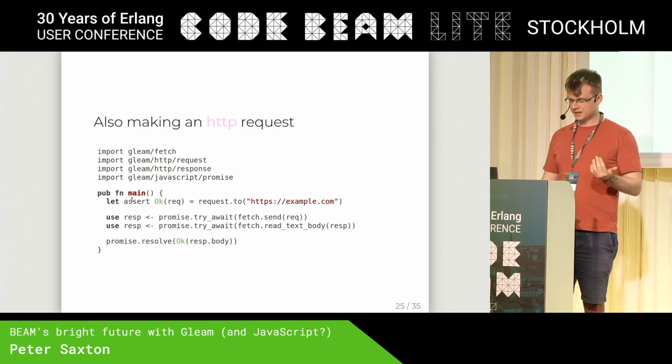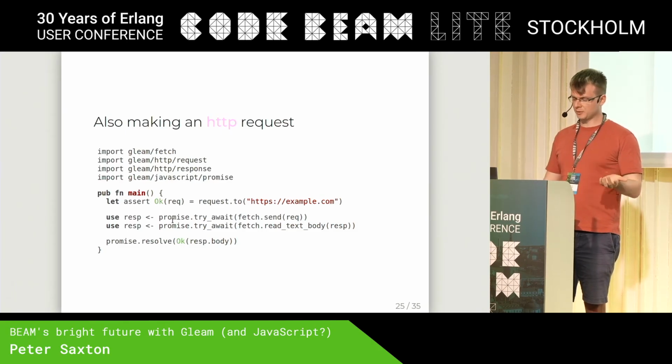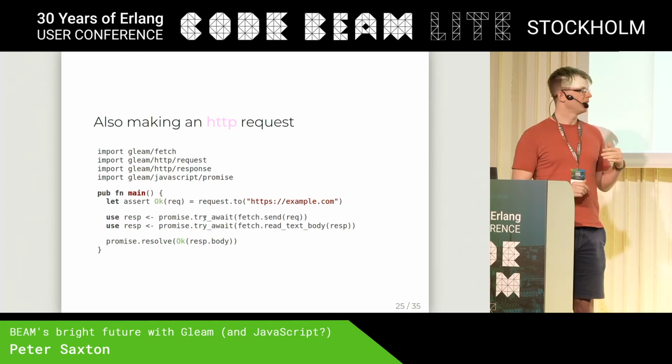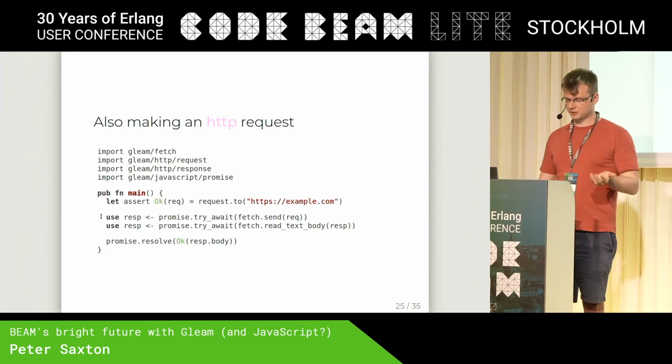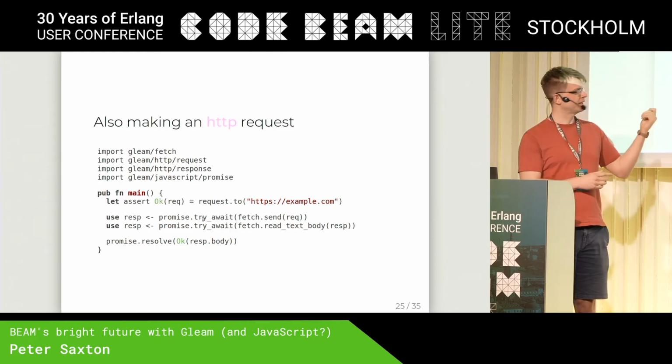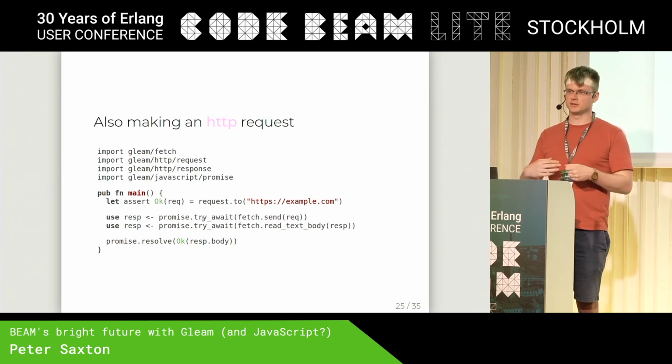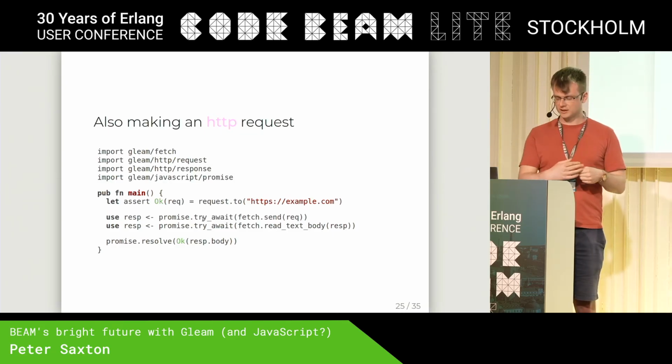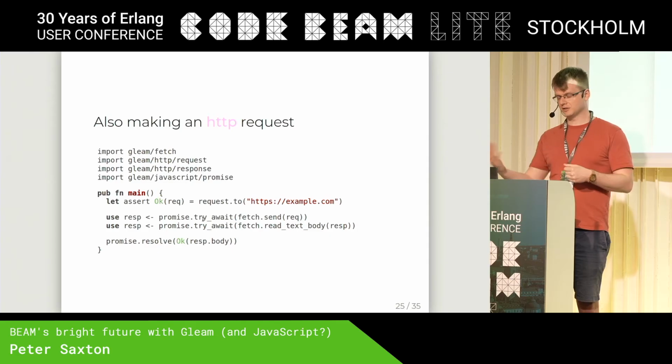When we send a request here, we no longer use result.try. We use promise try await. This is another function where we're using the use syntax. We say, OK, when this promise resolves, because fetch.send returns a promise of a result, when the promise resolves with an OK value, call the rest of the function, otherwise return.